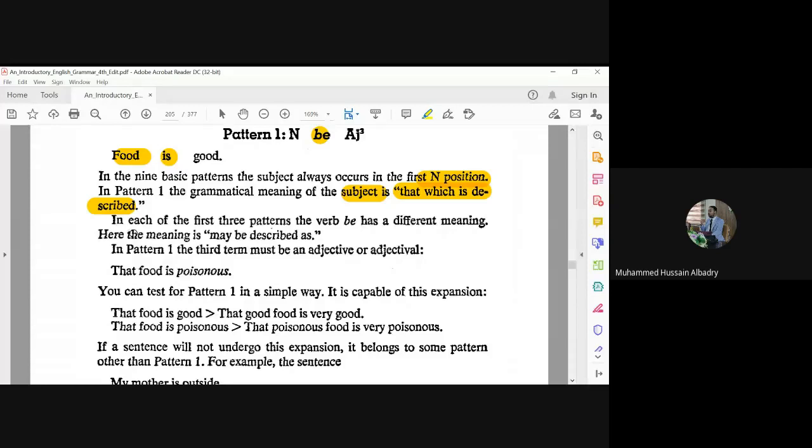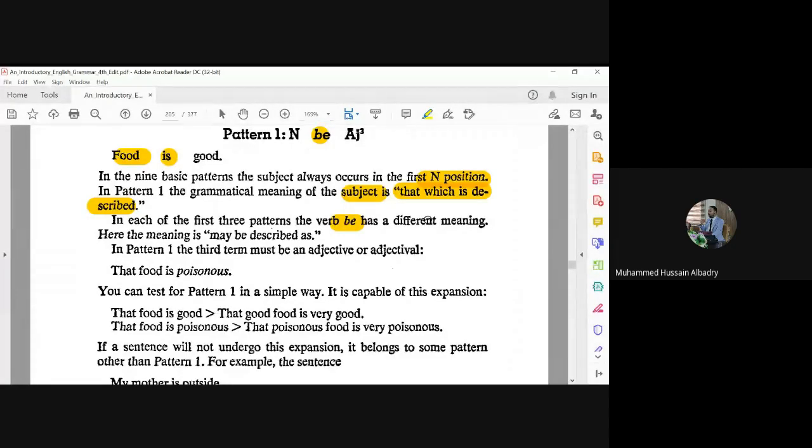In each of the first 3 patterns, the verb be has a different meaning. This is very important. Again, the first 3 patterns, the verb is be, so the meaning is different. If it is pattern number 1, the meaning will be different from pattern number 2, or 2 from the 3rd.